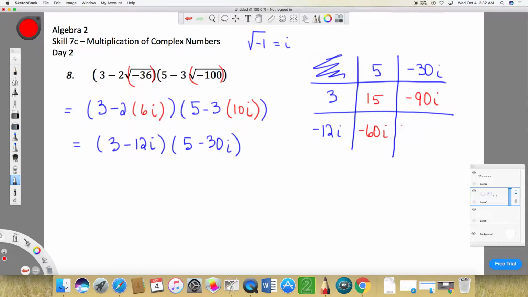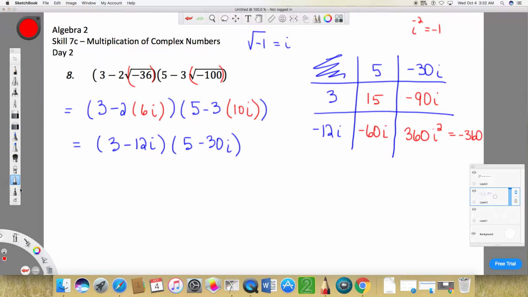And 12 times 30 is 360, and i squared is -1. So when you multiply by -1, that keeps the number the same, but it takes the opposite of it. So this positive 360 becomes -360.